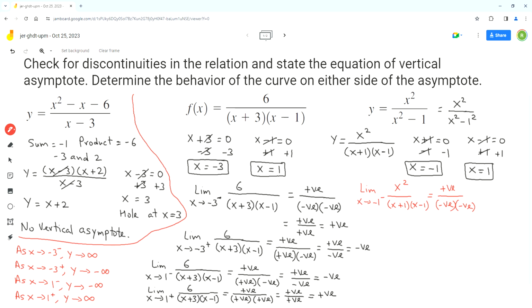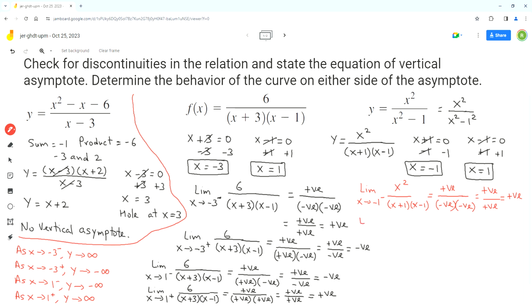So both denominator terms will be negative, so the product will be positive, and we'll get positive over positive.